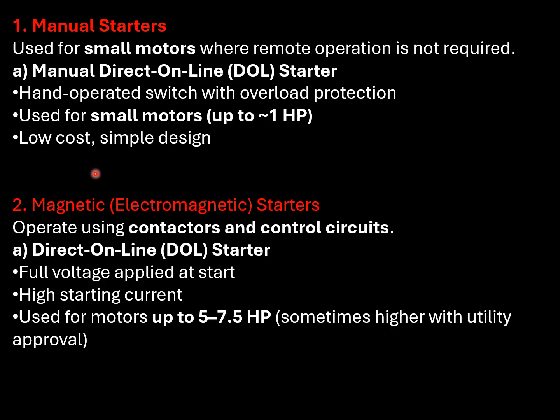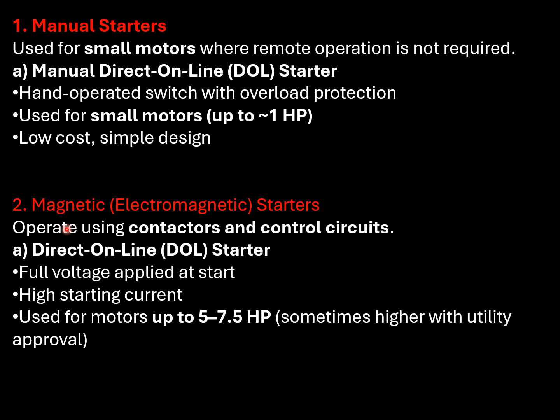In this category, manual direct line dual starter. It is a hand operated switch with overload protection. It's used for small motors up to 1 horsepower. These are low cost and simple in design.